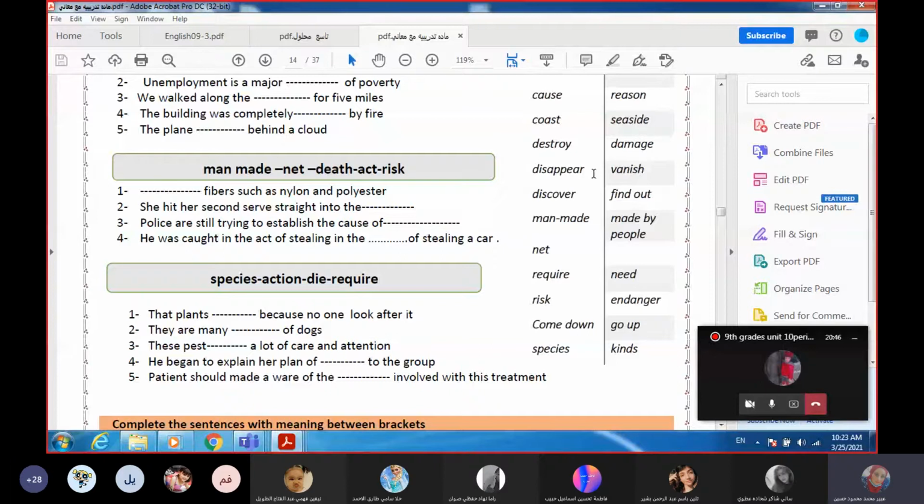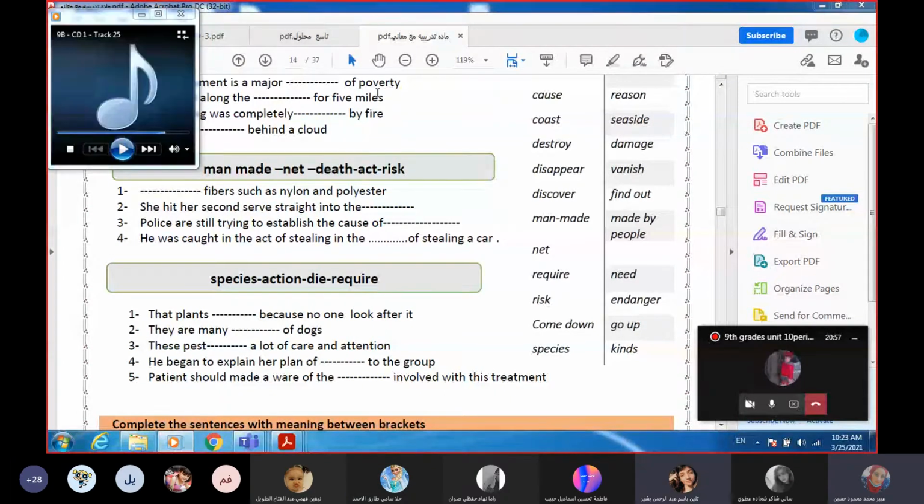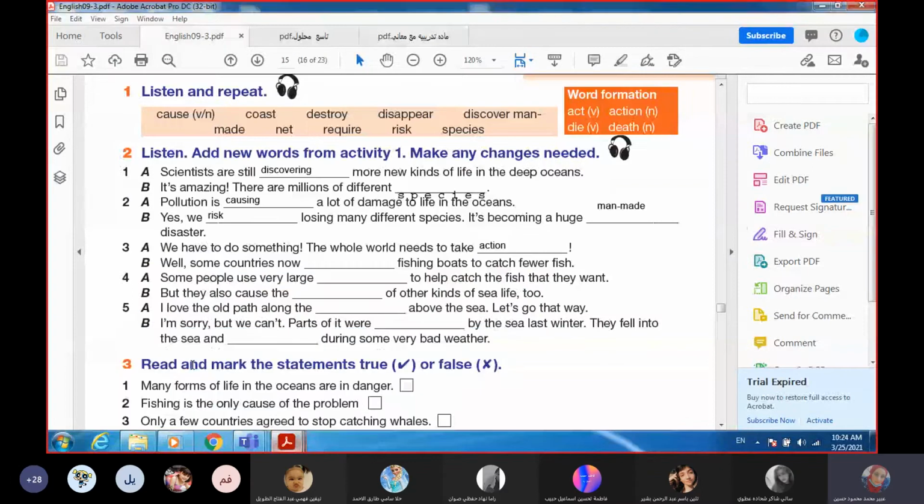Risk, in danger. Species, kind. Word formation. Act, we took it, girls. Act as a verb means to perform. Action is a noun, an act.